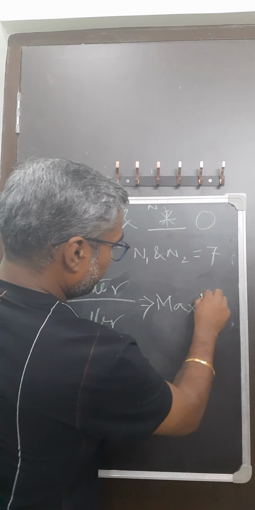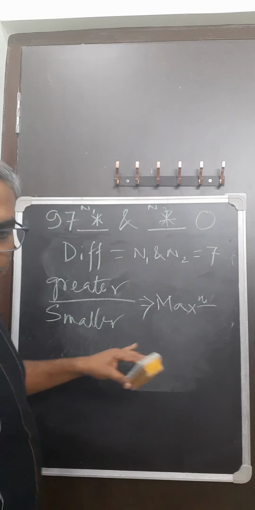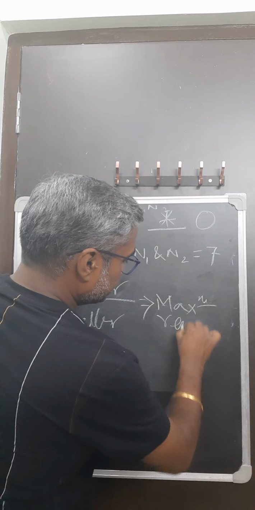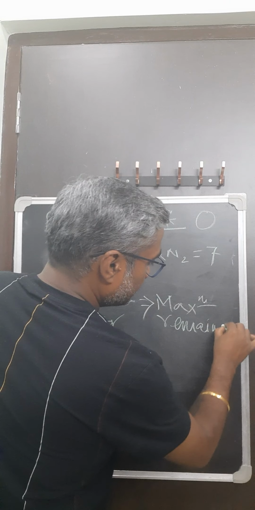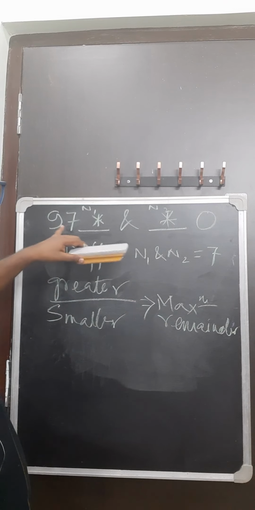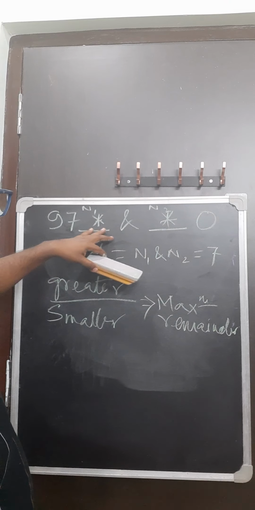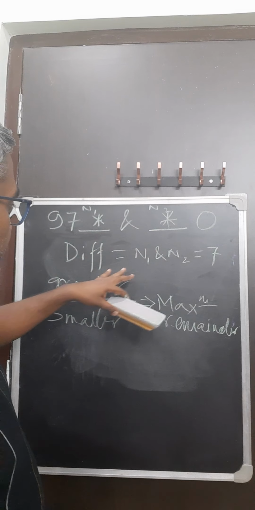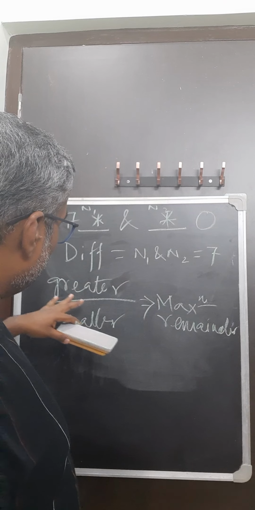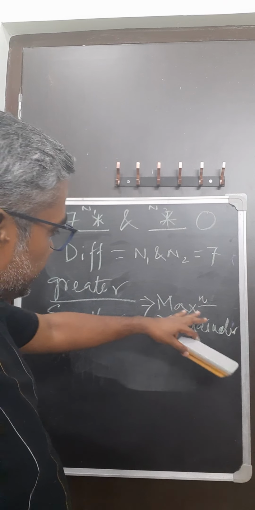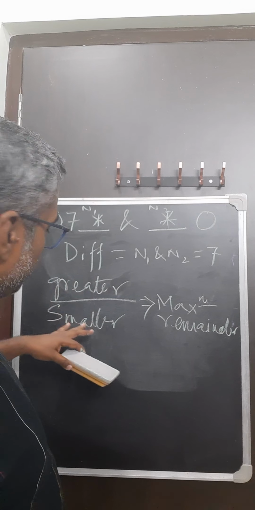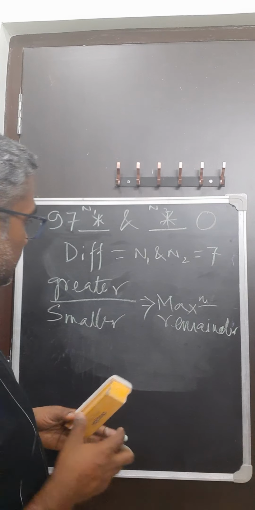Here you have to get the maximum remainder. So the condition is that these two numbers each have one digit missing, the difference between the missing digits is 7, and once you find the numbers, you calculate the maximum remainder while dividing the greater number by the smaller number. This is the requirement.